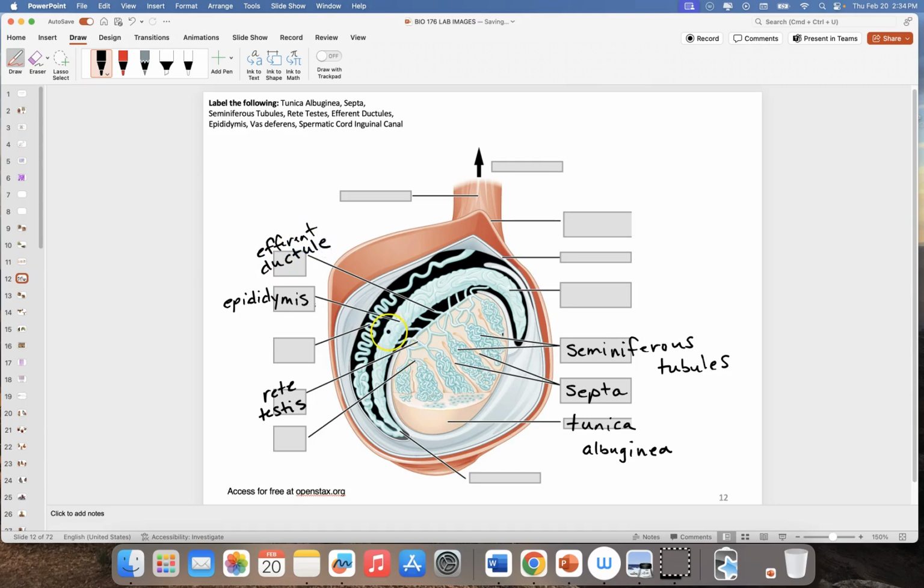The sperm is then going to make its way into the vas deferens here.